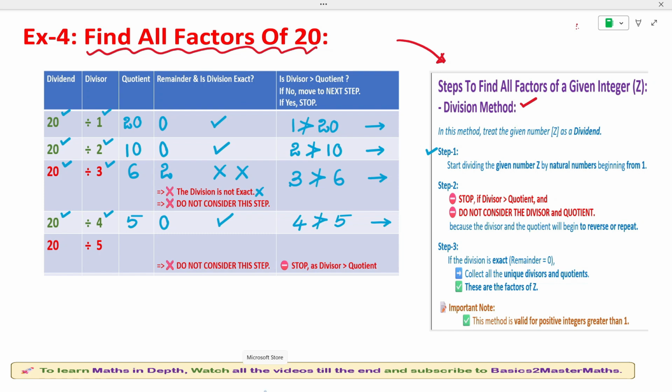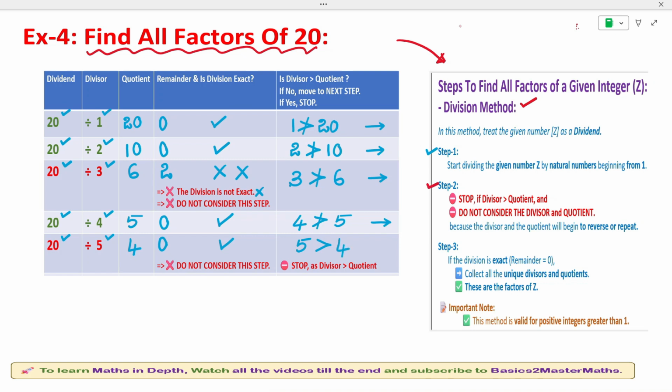When we divide 20 by 5, we get 4 as the quotient and 0 as the remainder. So, this division is exact. In this case, the divisor 5 is greater than the quotient 4.